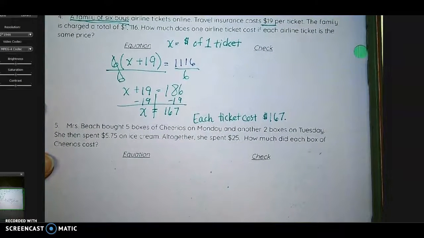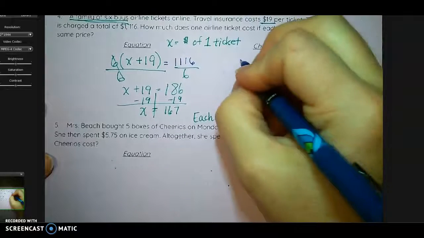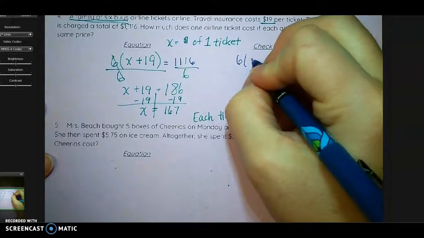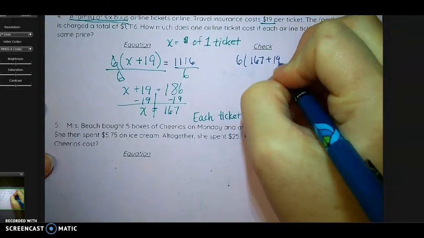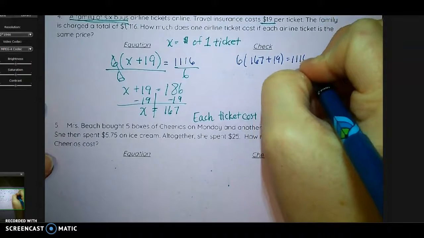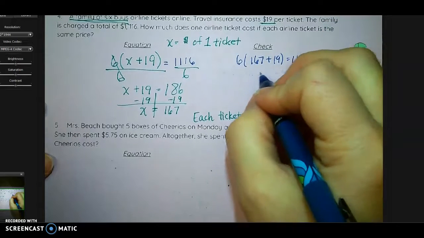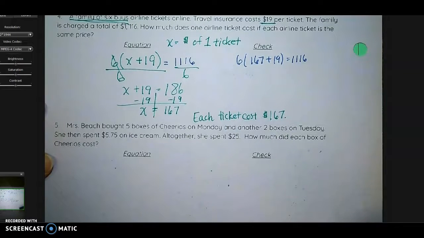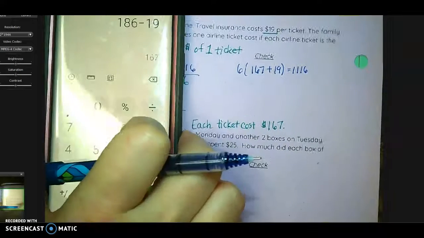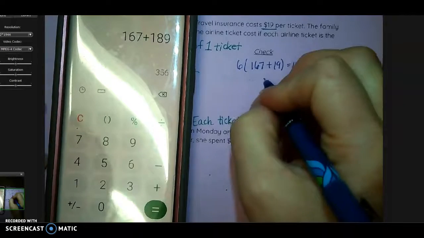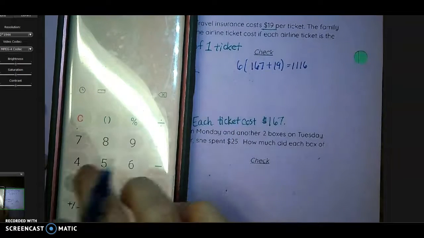I'm going to go over here and check that. So I would say 6 times 167 plus 19 equals 1,116. And when I add these together in here, I should get, let's try that again.